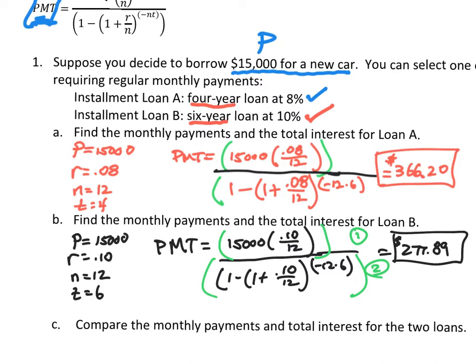Obviously we're comparing these two, and for the second 6-year loan, since you're doing more payments, notice that the payment is lower. So this might be more appealing to you guys, but now let's really figure out how much we're paying for this car.